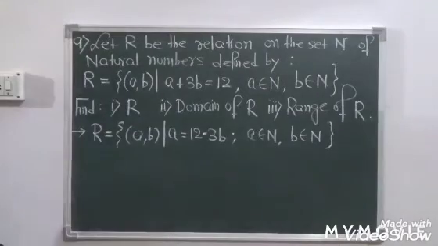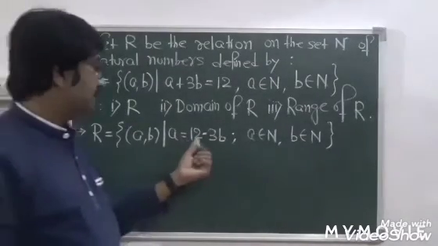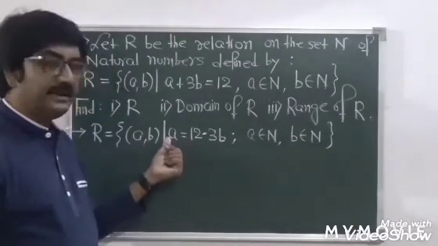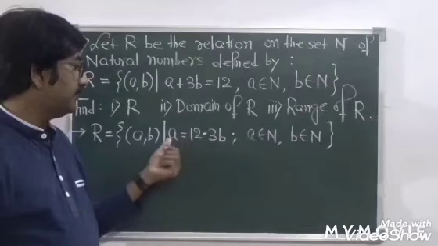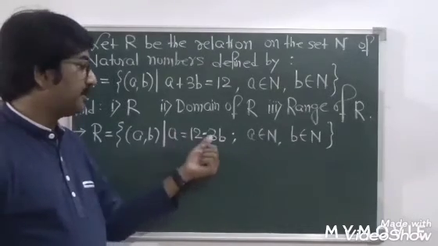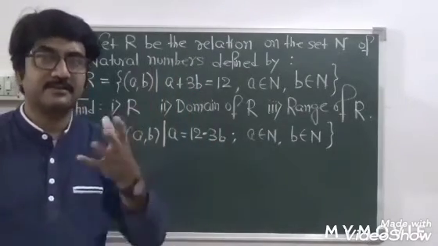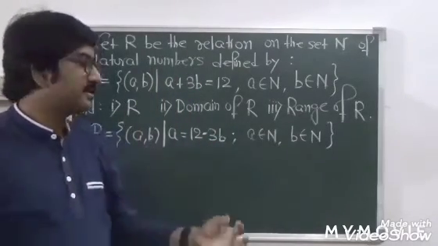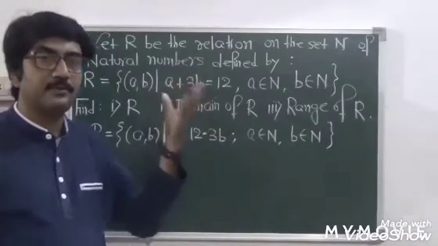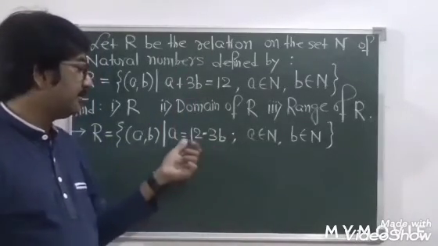A and B are the two variables. The value of A can be obtained after putting the value of B. Since B takes the values of the natural numbers, let us start with taking the values of B from 1 and then we calculate the value of A.